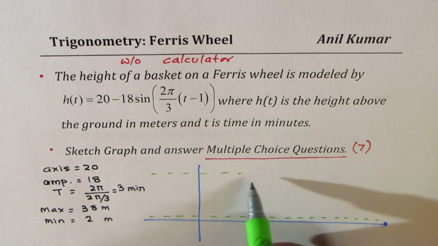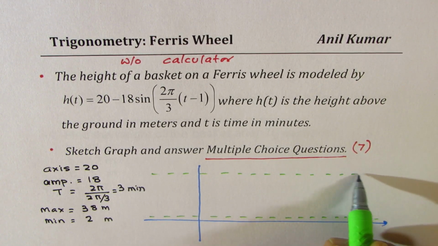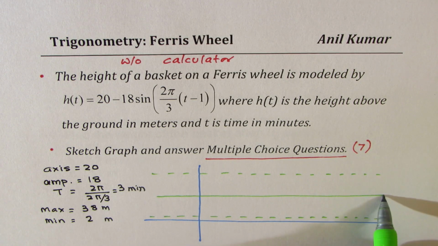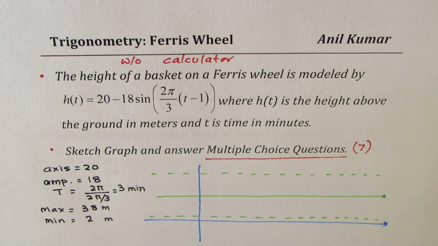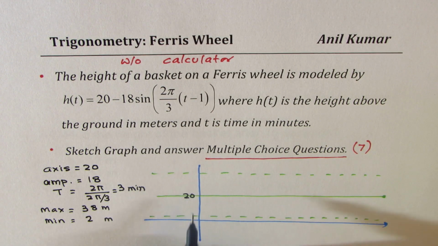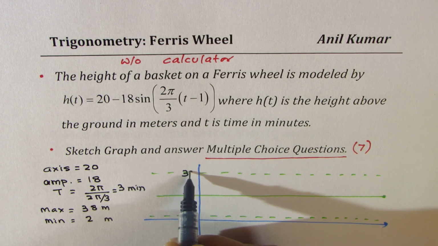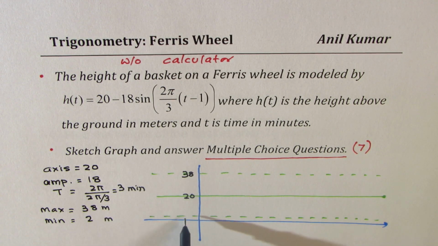Maximum is this line, and the axis is somewhere in between. So this becomes the axis. Clearly the axis is 20, so we can write 20 here. Maximum 18 plus 20 gives us 38, and minimum is the difference, so it gives us 2.